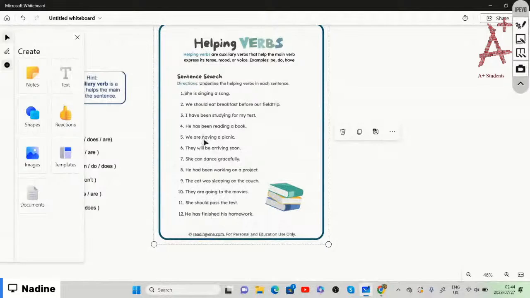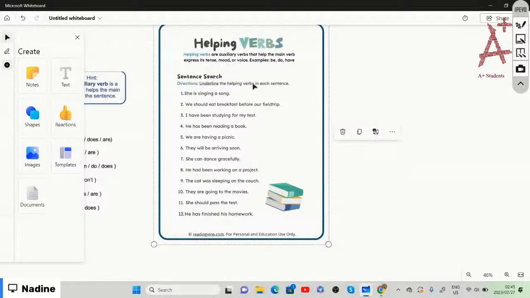So these are but a few sentences where we identified the helping verbs. Not only did we identify the helping verb within the sentence, but we also identified the main verb. Helping verbs are auxiliary verbs that help the main verb to express its tense, its mood, or its voice.